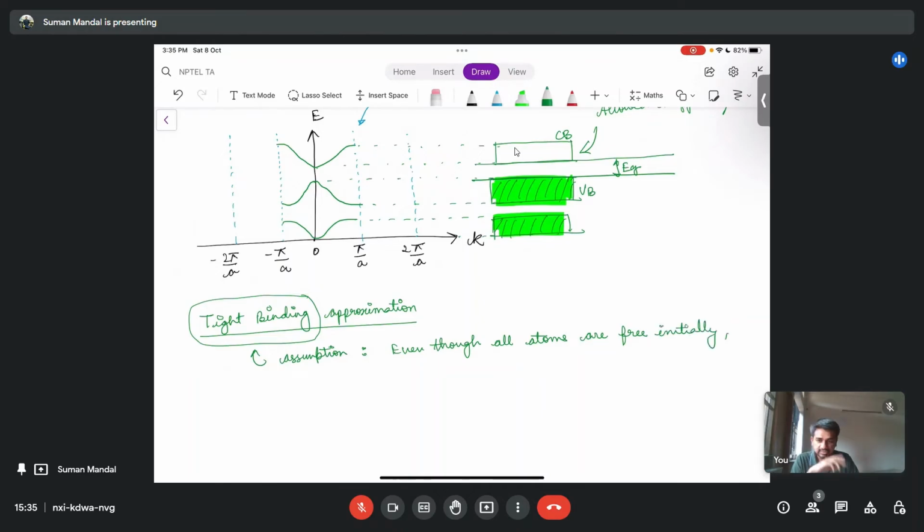the electrons are tightly bonded to each atom. That's why it's called the tight binding approximation.